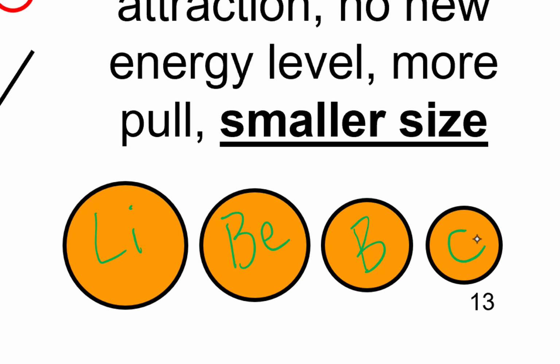So with more charge, it can pull in closer to each other. Those electrons are attracted to the protons. So they can get closer and closer as you add more protons and electrons. And so therefore, the atomic size will get smaller as you go across the period.